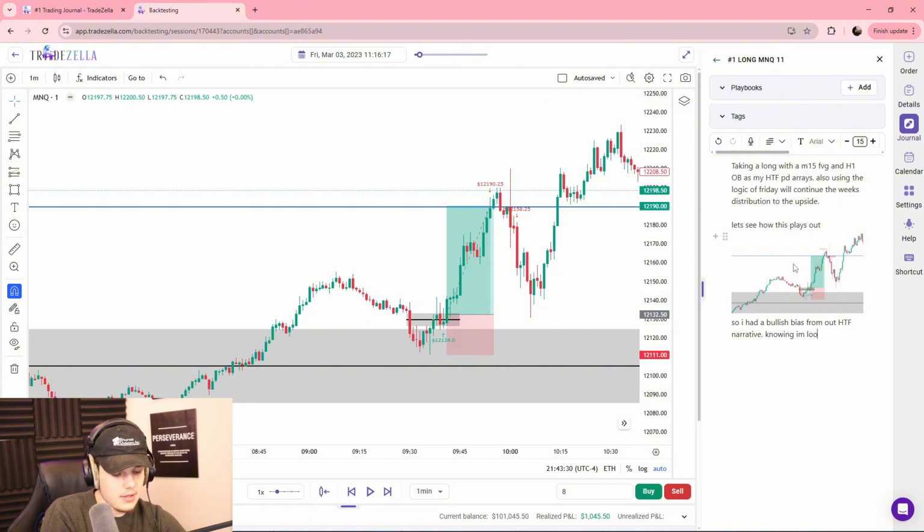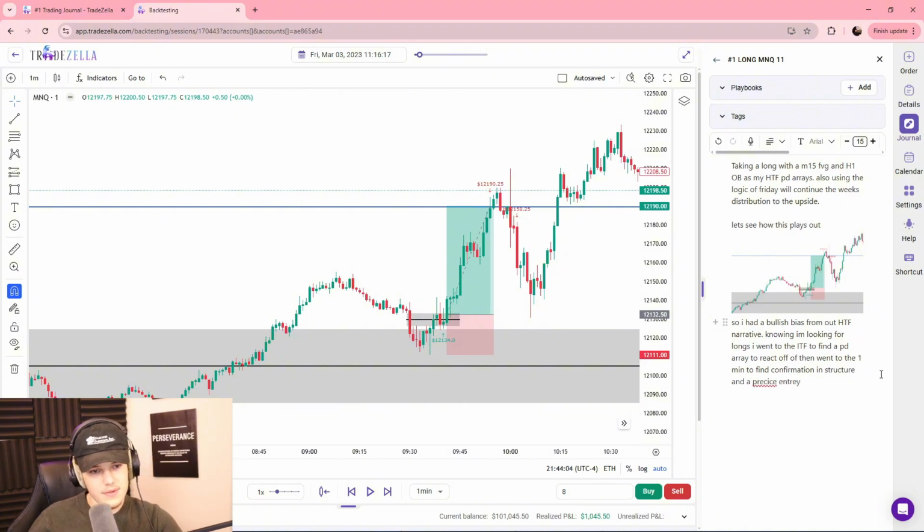Knowing I'm looking for longs, I went to the intermediate time frame to find a PD array to react off of, then went to the 1 min to find confirmation in structure, which is the break of structure, and a precise entry.